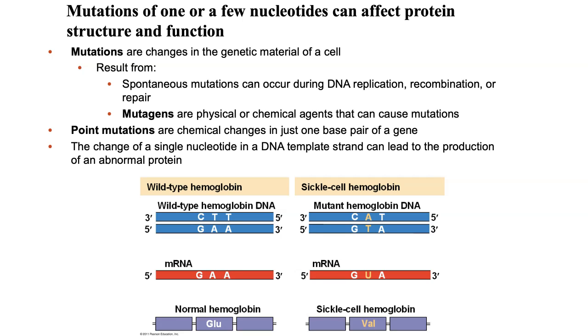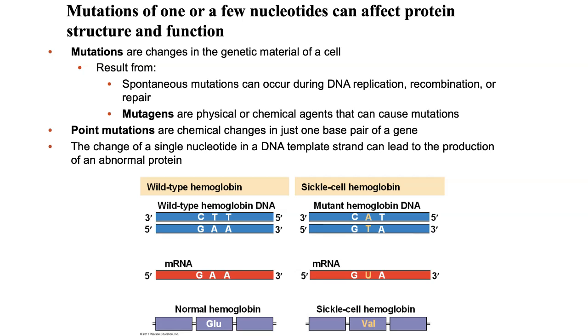Mutations can result from spontaneous changes that occur during DNA replication, or recombination during meiosis 1, or while there's a little bit of repair that's going on. If there's any errors in any of these molecular processes, we could end up with a spontaneous mutation.